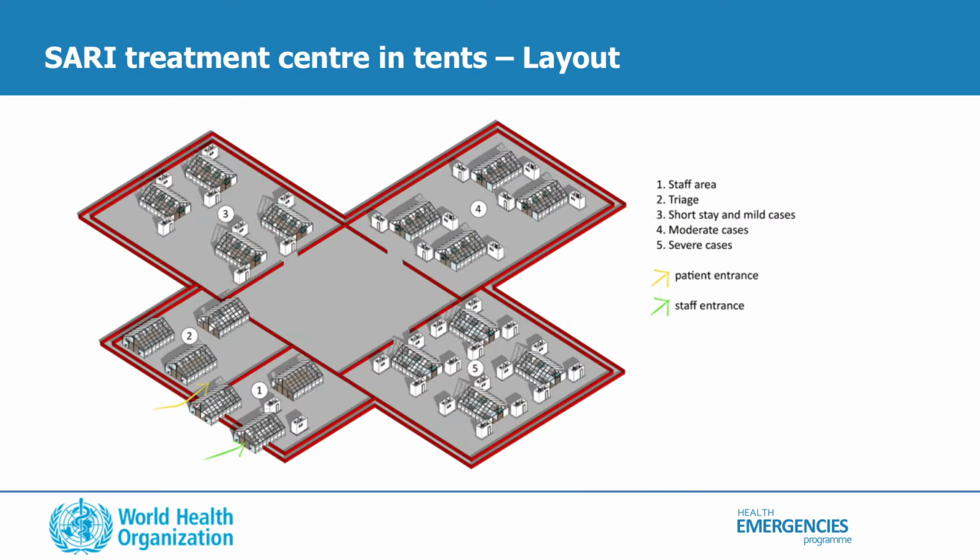And on this last slide, you have an overview layout of a SARI treatment center in tents. It follows the same logic, so you need to have all the zones, like 1, the staff area, 2, triage area, 3, the short stay, 4, the moderate ward, and 5, for the severe cases.